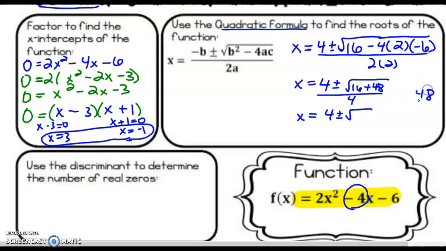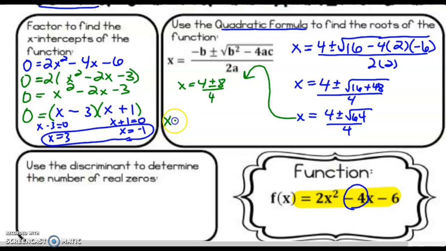Alright, 48 and 16 would be 64. And then we can take the square root of 64 to just get 8. So we get 4 plus or minus 8 all over 4. And then we can split that up.